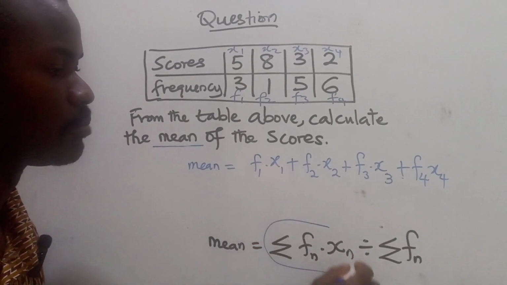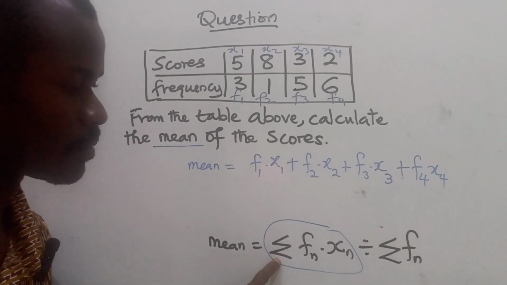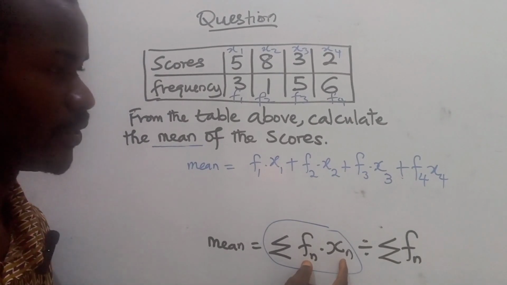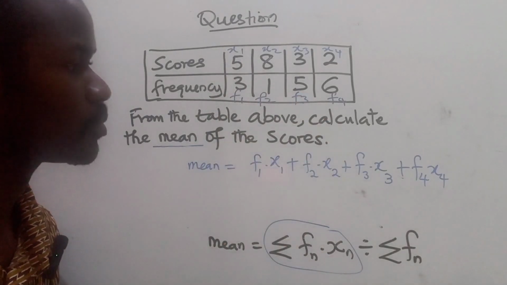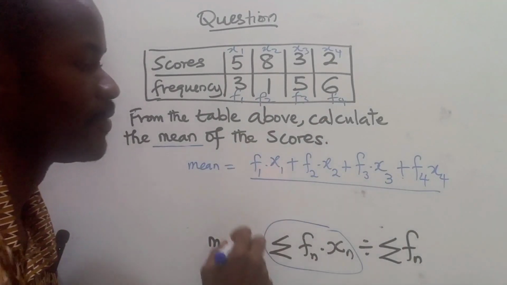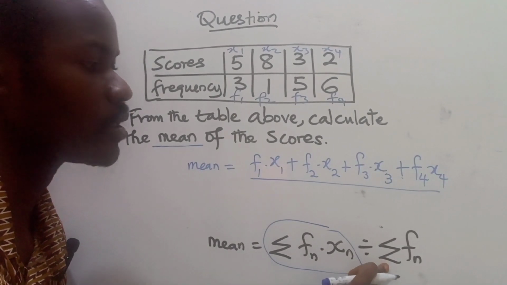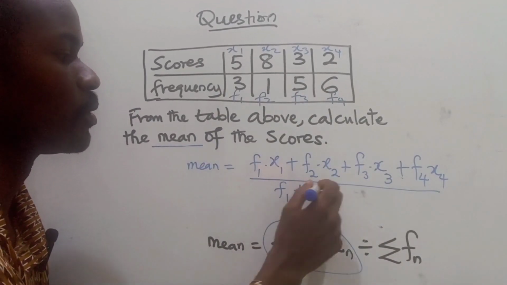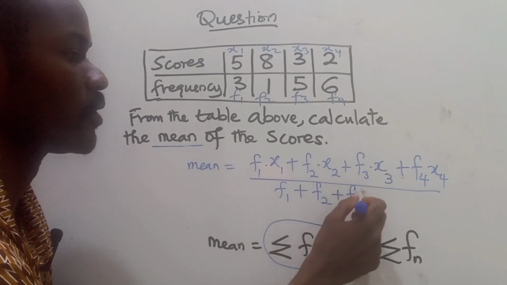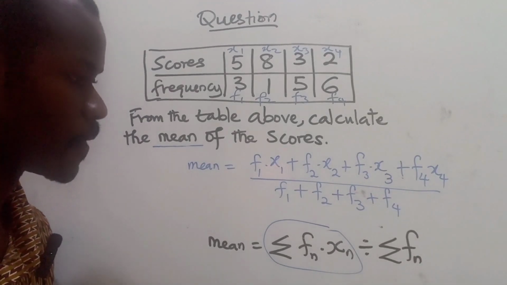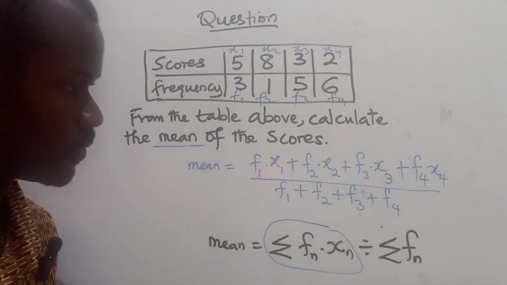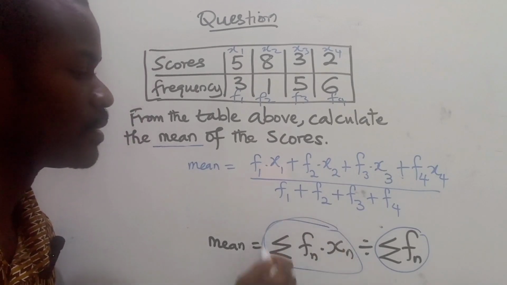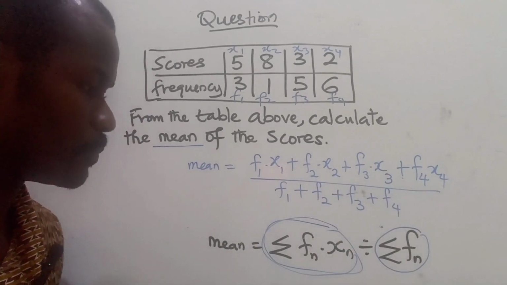So that is what all this means. You see we are summing them, and at the same time we are multiplying these scores with their frequency. All these are divided by the summation of the frequency, so we add F1 plus F2 plus F3 plus F4. That is what this expression means.